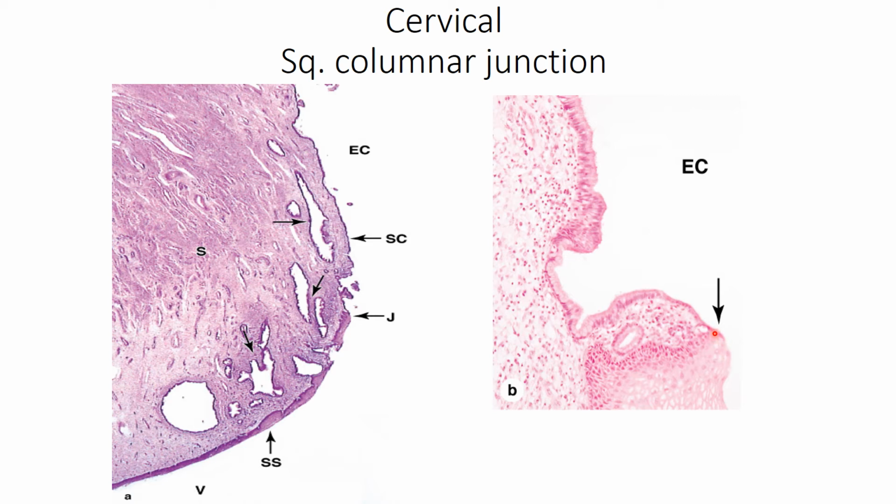So there is an abrupt change from simple columnar to stratified squamous non-keratinized epithelium at this junctional portion, the zone of transformation, just outside the external os. Because of this abrupt change, these places are prone to neoplastic changes, intraepithelial neoplasia.